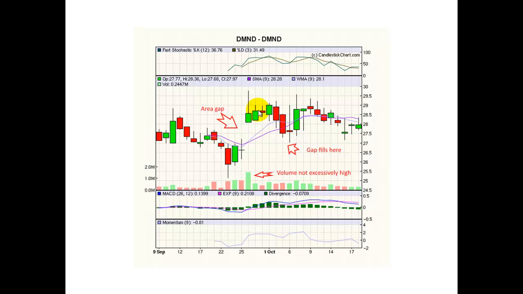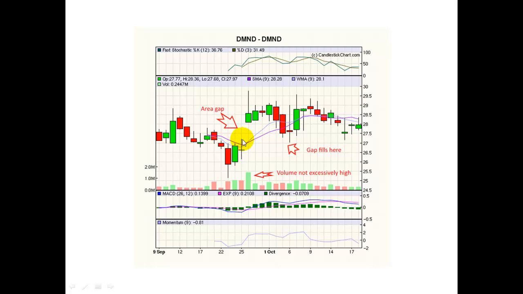Now I'm going to give you an example of one type of gap called an area gap. You'll see the label area gap here. The area gap is useful because it's a gap that typically closes. In other words, what you'll see is after the gap, the stock price gradually drops to where the gap is no longer a gap.